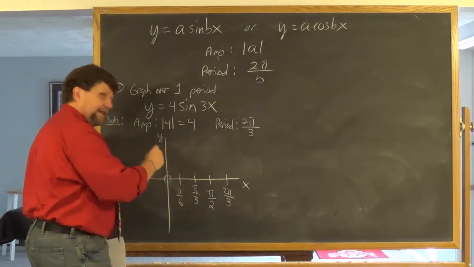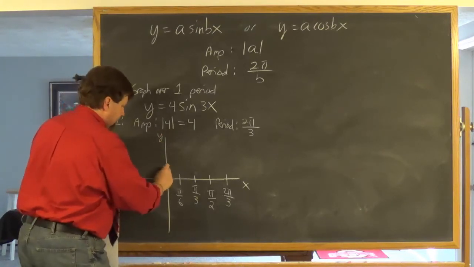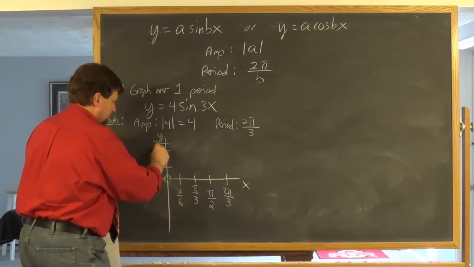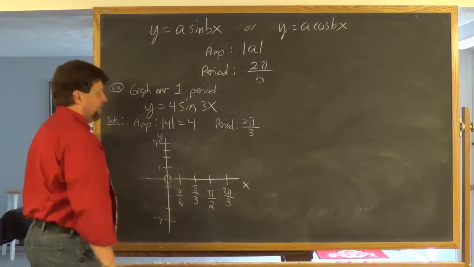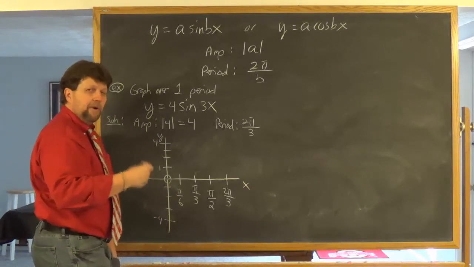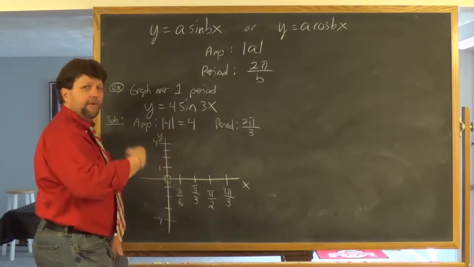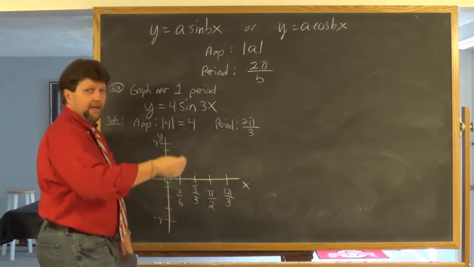Amplitude is 4, so on my y-axis, which isn't very large here, let me say this is scaling by 1s. And there's -4. And I'm going to plot points because I want to show one more time why these are called the 5 key points. It's also setting up when we start to do more exotic things to these graphs, like shifting them horizontally.